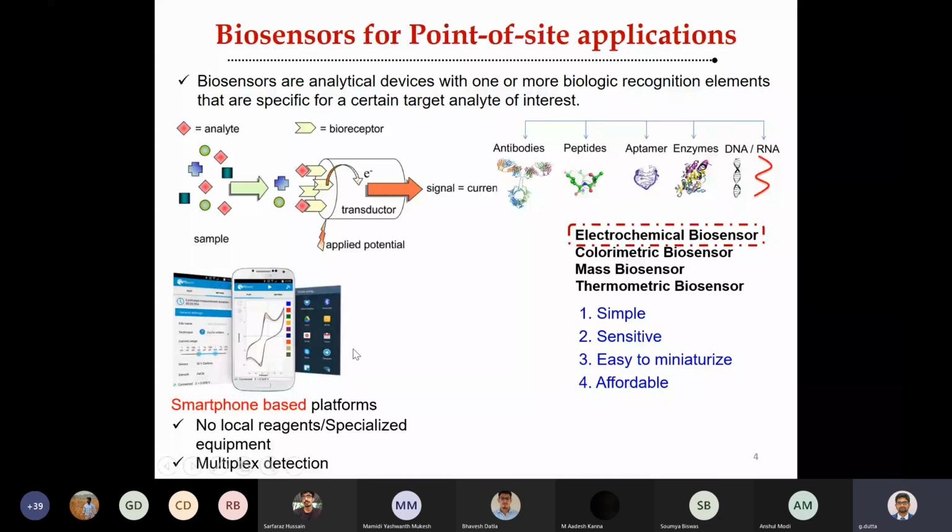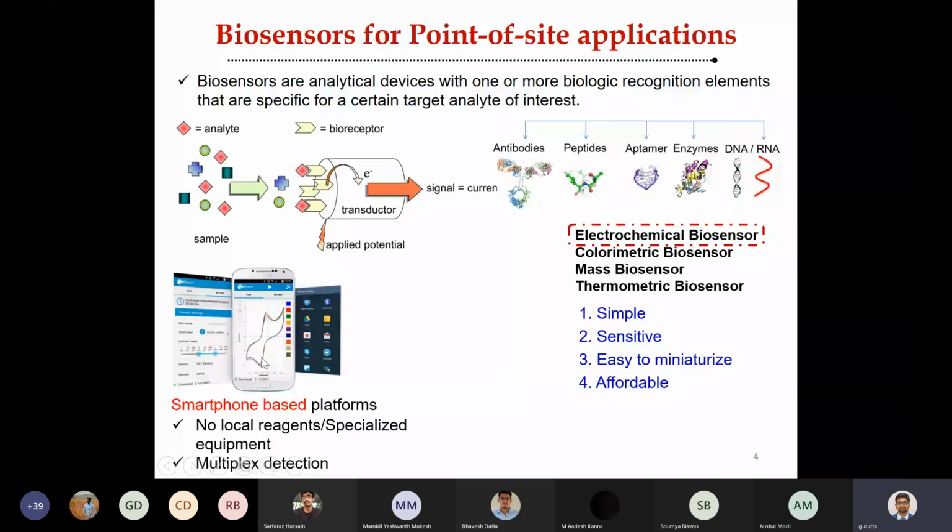Now, if we can develop a very simple, very small device and readily insert it where we plug in our charger, the charging point of our smartphone, actually we can develop a very small chip that is a biosensor chip. That chip we can insert into that charging point so that the sensor will be connected to your smartphone.